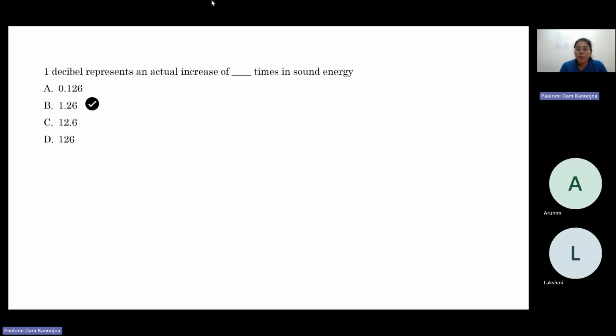So the basic idea here is, let me get a pen for you. So your dB, which is your decibel, is basically 10 times the log of power 1 by power 2.